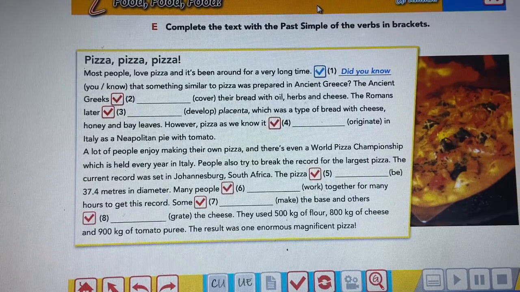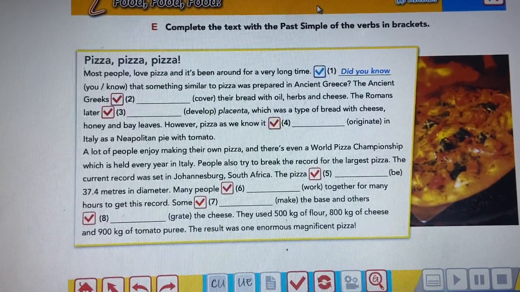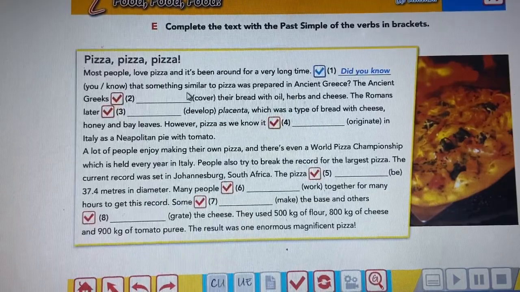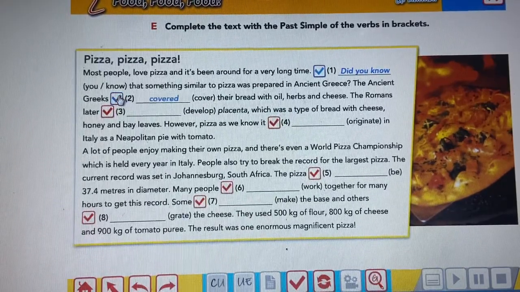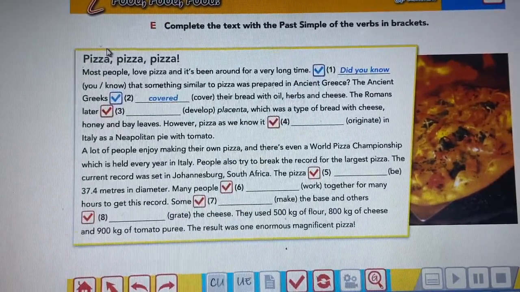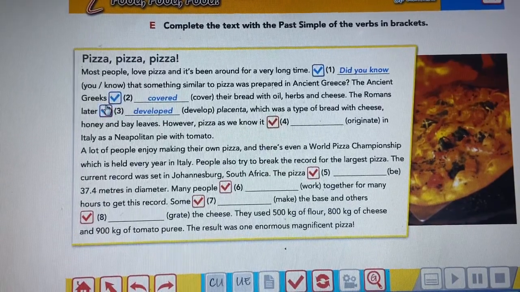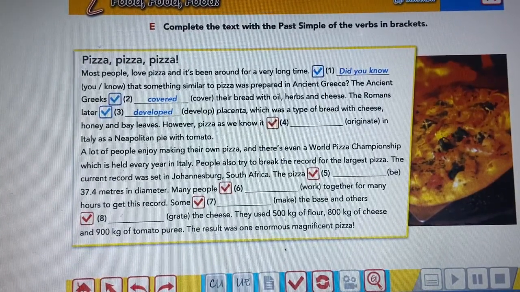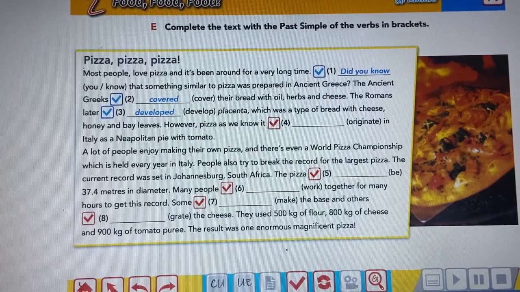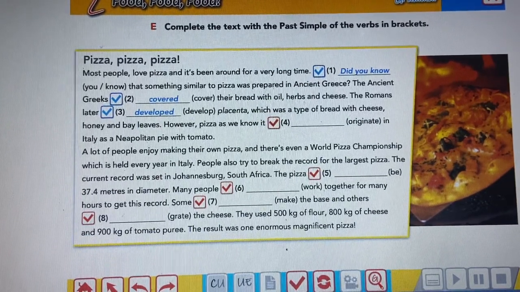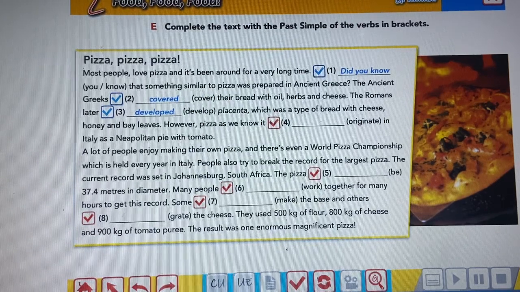The ancient Greeks covered, the past form of cover is covered, their bread with oil, herbs, and cheese. The Romans later developed placenta, which was a type of bread with cheese, honey, and bay leaves.